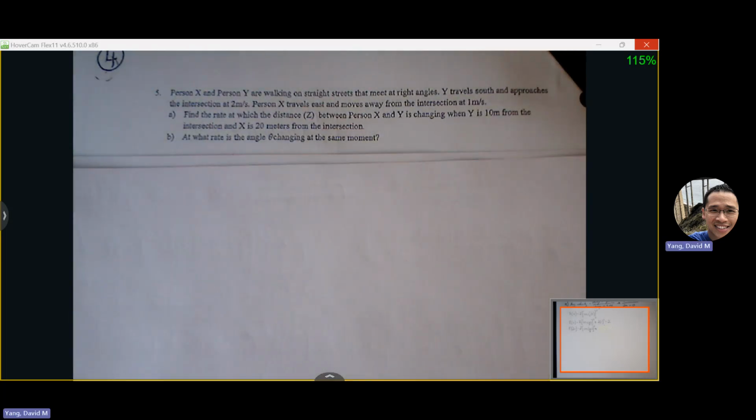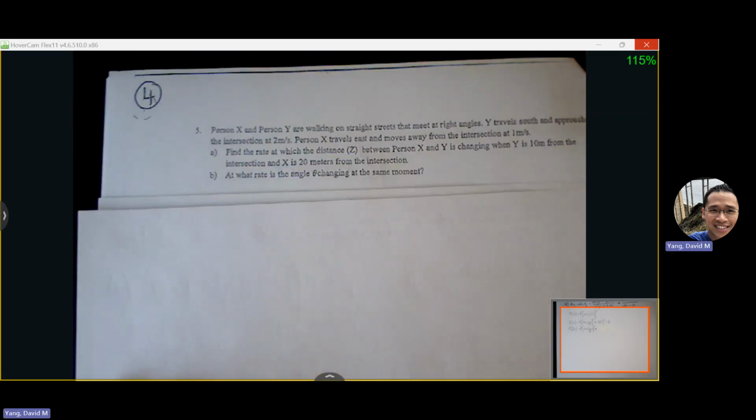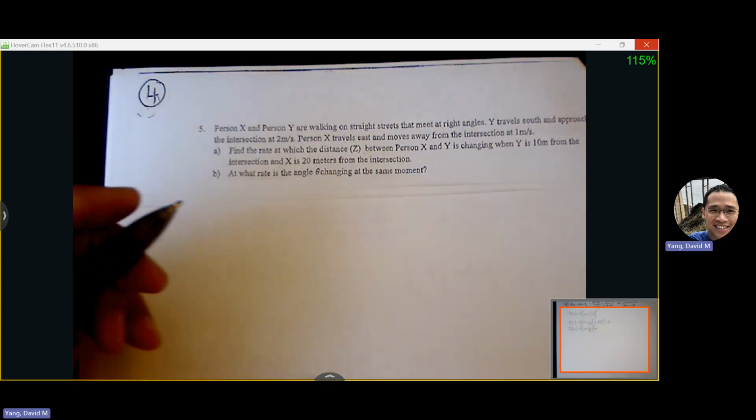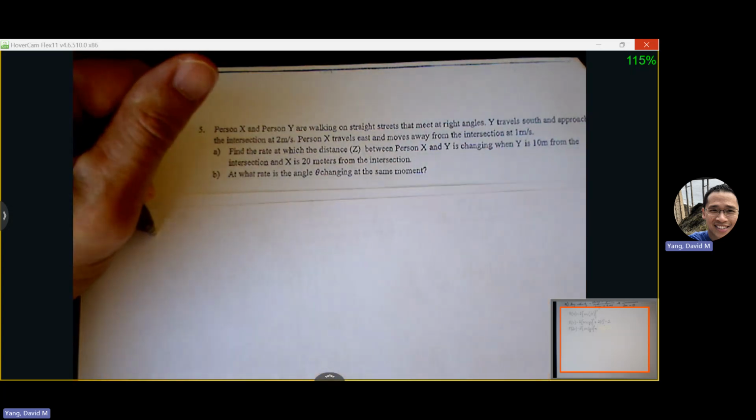Now on the test, the diagram will be drawn for you, so you don't have to worry about having to figure out how the diagram is drawn. So let me draw this out here.